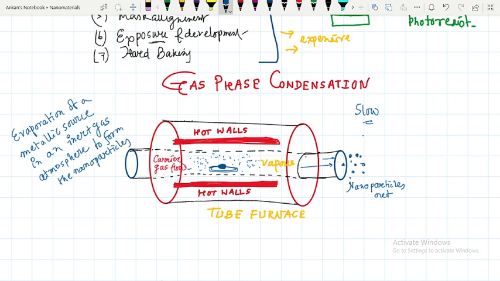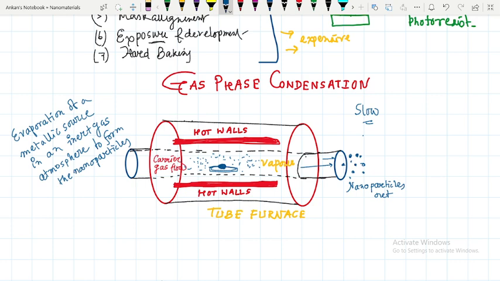It is possible for the clusters to aggregate to form bigger particles than nanoparticles, which is not desirable, and some special arrangement is needed for the collection of the nano powder, which is not very convenient.